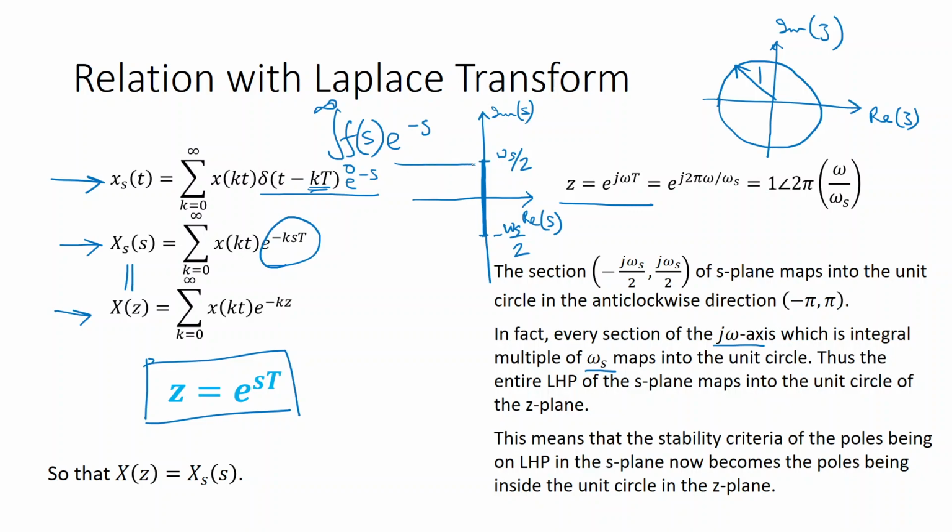So this entire left half plane is mapped into the unit circle. And if you take another multiple of omega s, suppose next you take minus omega s to omega s, then minus 3 omega s by 2 to plus 3 omega s by 2, you will be covering such strips of the left half plane and mapping them into the unit circle of the z plane.